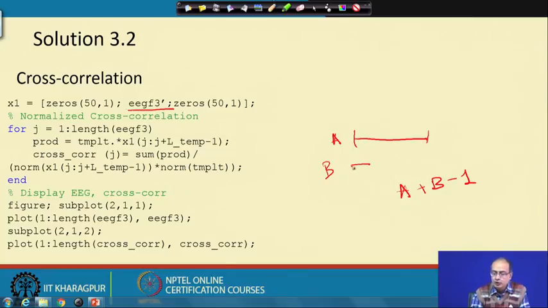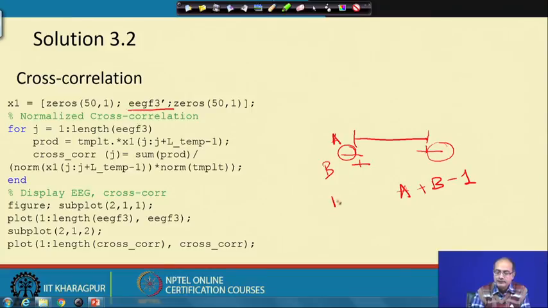So, how do we do that? We take the midpoint of the template, assign it here and then slide it till this end. And in that way, what happens? We have some samples outside here, and some samples outside there. To take care of them, so that it does not become computationally infeasible and give an error, we have to pad our signal on both sides.